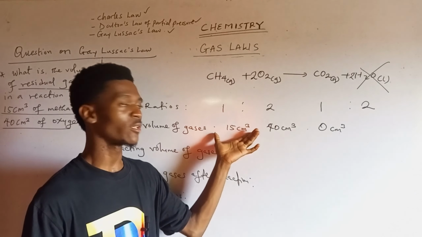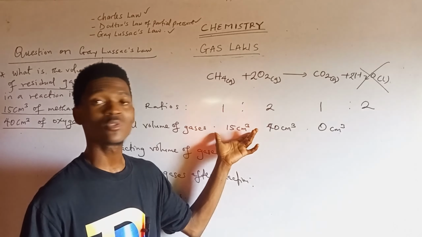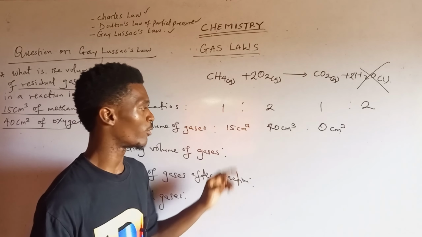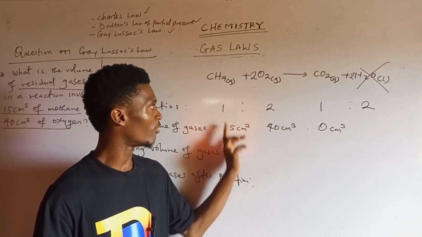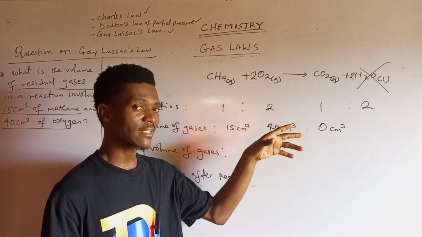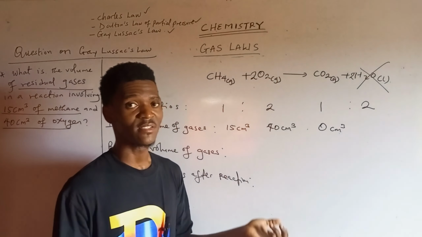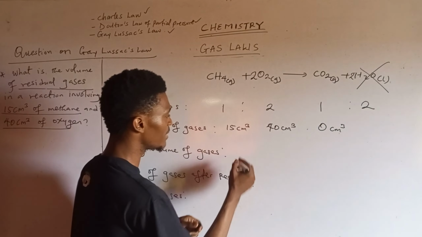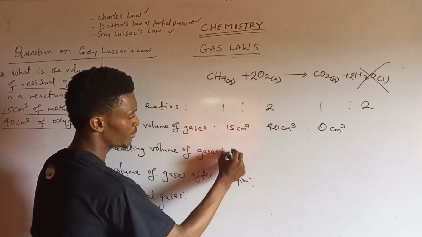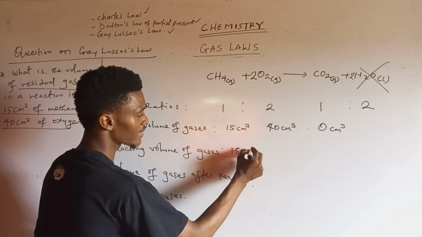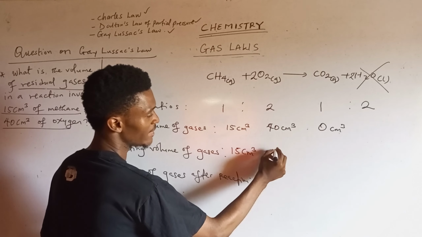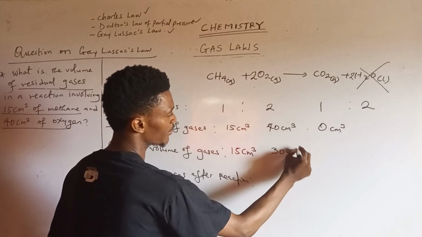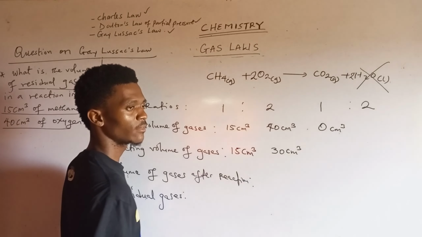But then again, in the question we do not have enough methane, so we can't go the other way, but rather we go this way, in that 15 of methane requires 30 of oxygen. That's twice its volume, being the mole ratios here. So the one that will react here will be 15. The whole of the 15 will react, and it needs just 30, meaning twice of it, 30 cm³ of oxygen to completely react.